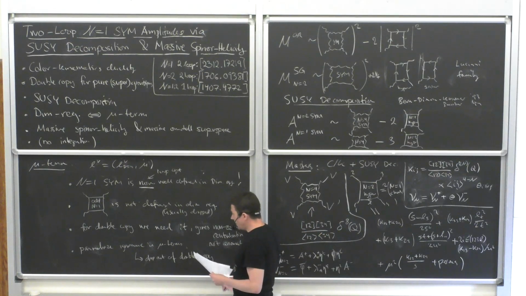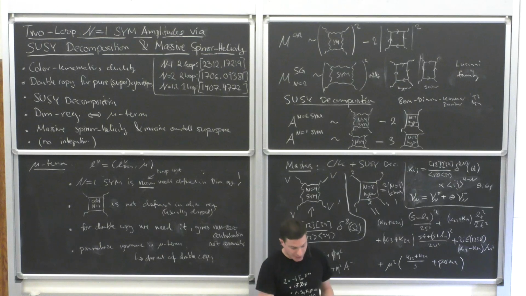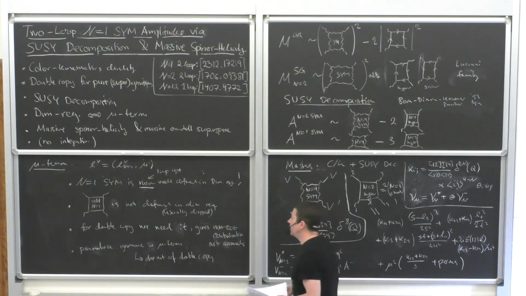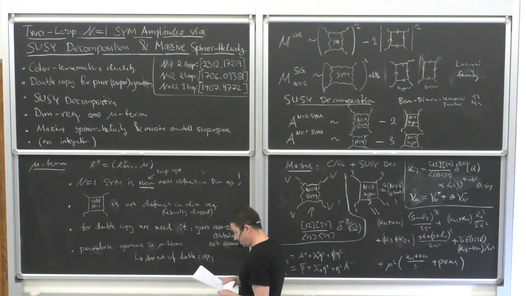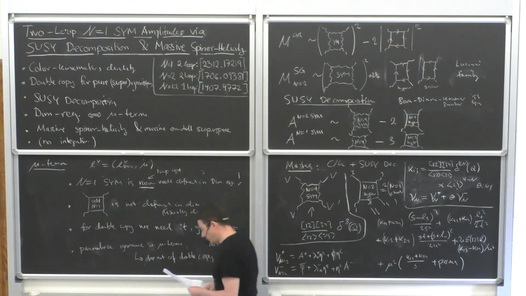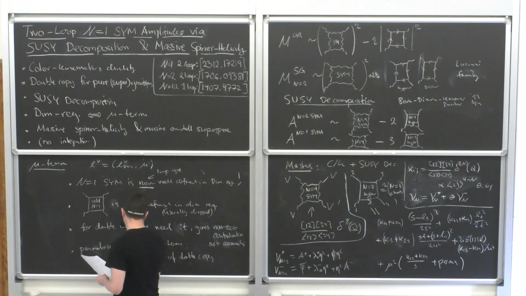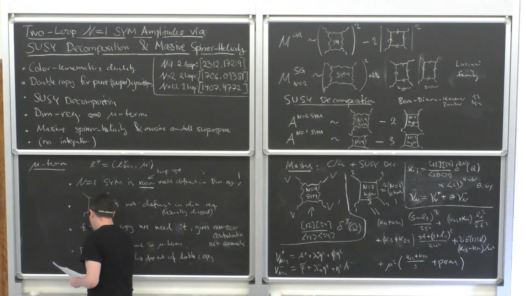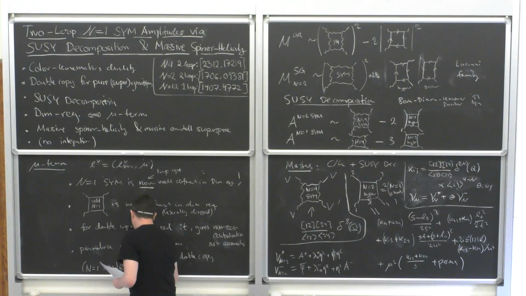Okay. I should also mention, how do we know that we get the right answer when we do the double copy? Well, the reason is that there's actually 2 ways to do the double copy. One of them is, let's say we take n equals 1 super Yang-Mills and double copy it with n equals 1 super Yang-Mills.